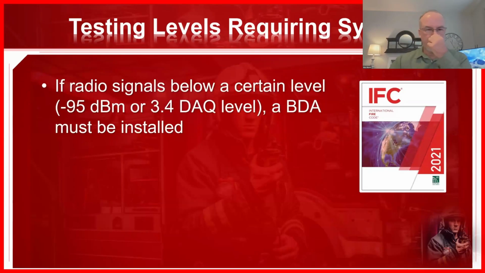Essentially, the test levels, if the radio signal falls below a certain level, and the 1225 mentions two types of tests. What's called the RSSI test, which is a signal strength test relative to the tower that you're going to. All right, how much signal loss do we have inside the building relative to the tower power?